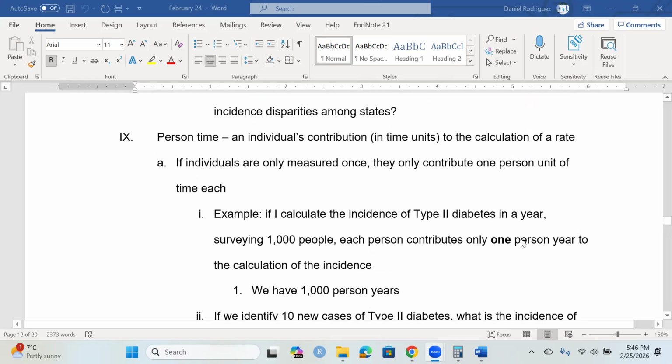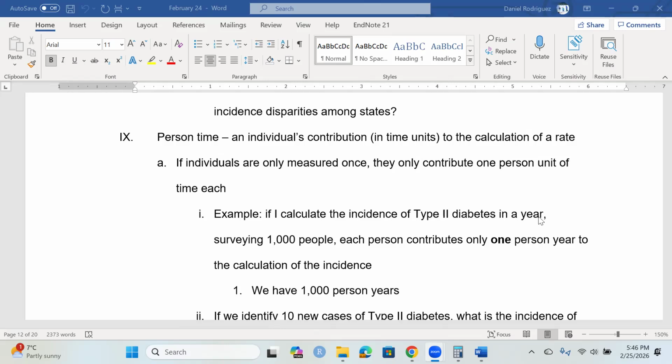However, if we collected data on individuals over time, like say every year I check people, say people entered a clinic, they came once a year for 3 years, and I assessed them for whatever disease there is, and I did the same calculation and I don't account for the fact that they came in three different times, I would get an inaccurate estimation of the incidence.